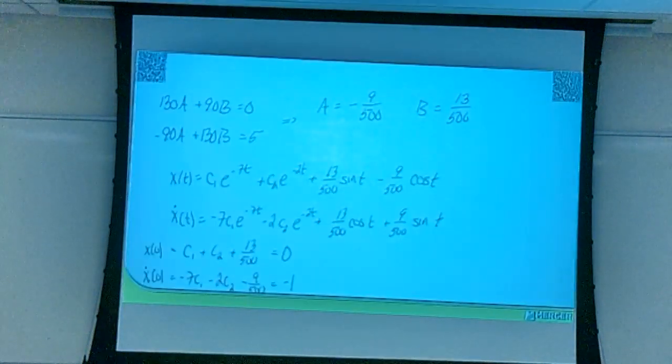That's going to change this to what, minus 9/500? That's going to change this one to what, plus 13/500? I think that's right now. Does that match what I have? Yes, that now matches what I have.